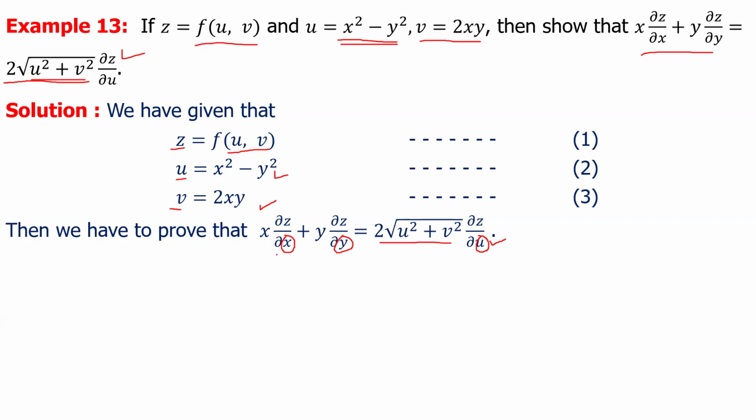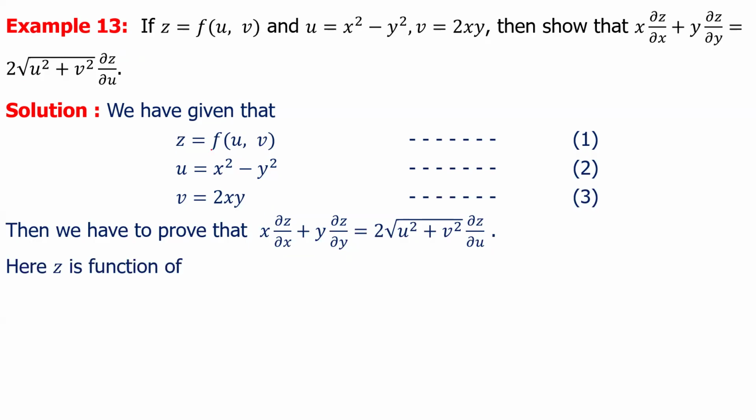So x and y are independent variables in the left hand side, and in the right hand side u and v are independent variables. So again, this is the question of change of independent variable. Now here z is a function of u and v, and u and v are functions of x and y.